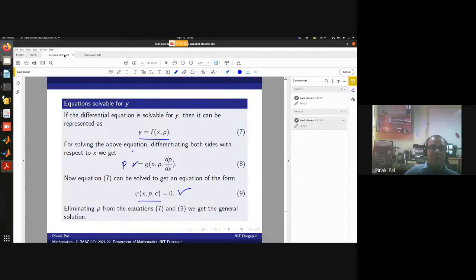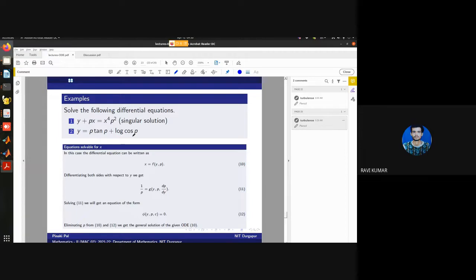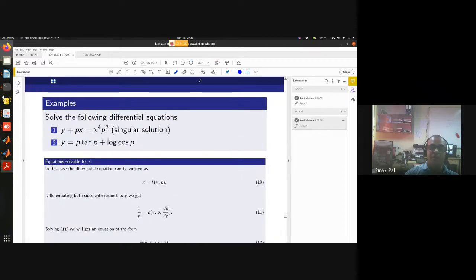Okay, so now you consider the next problem, problem number 2. Y is equal to, it is already given in terms of y. Y is equal to a function of p. Y is equal to p tan p plus log cos p. Can you see this now?